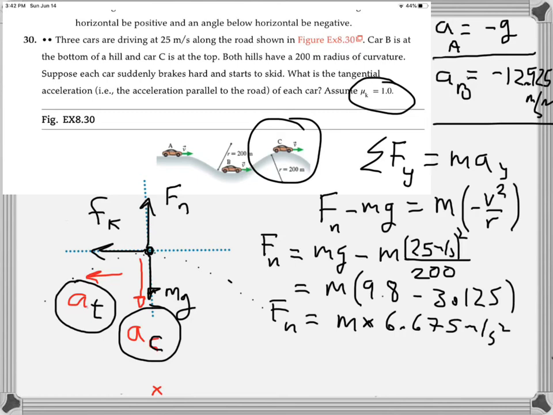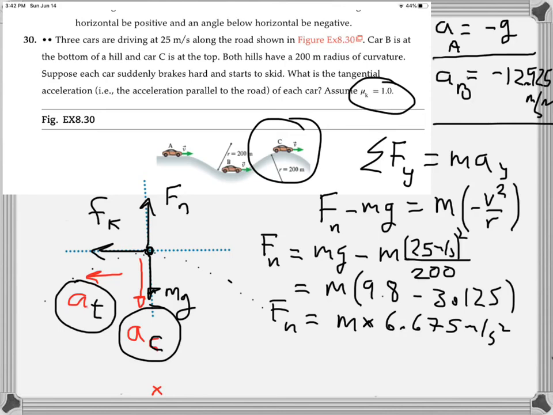That is less than mg. So the car, basically at the top of the hill at point C, has an effective weight less than the regular weight of the car. The car seems lighter. Everybody inside the car will feel a little lighter than the normal weight that they have.